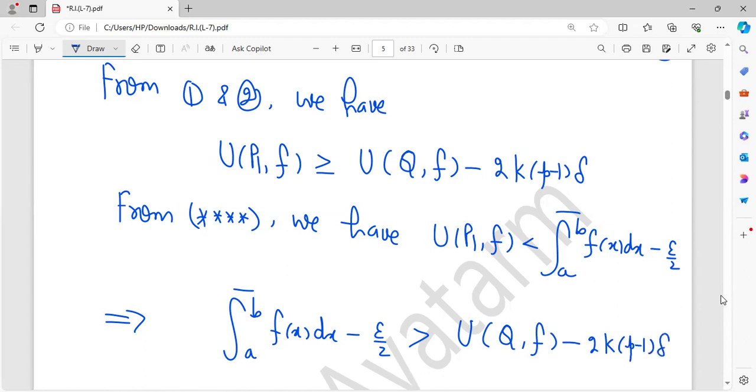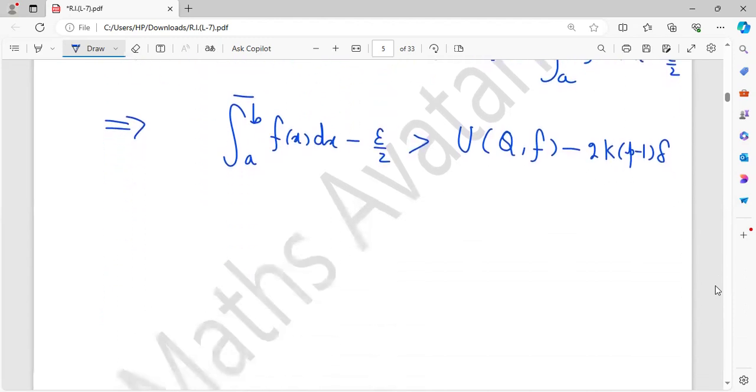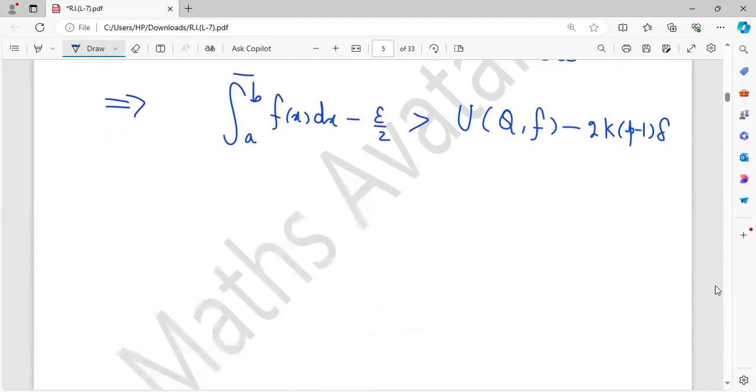Delta. Okay. So solve it. So this implies, you take, sorry, this is epsilon plus epsilon by 2.